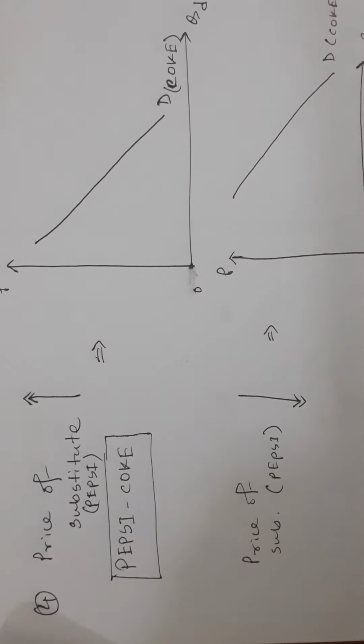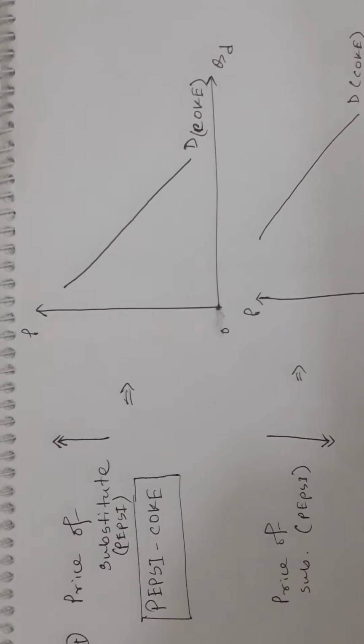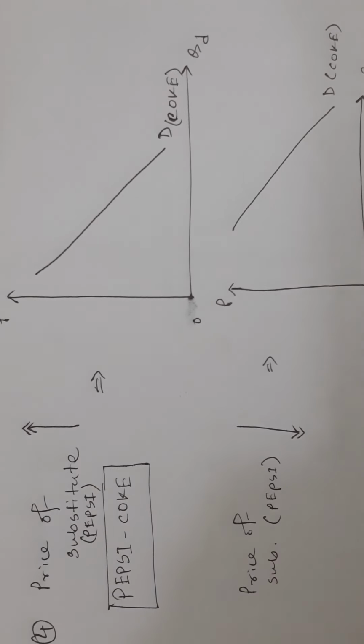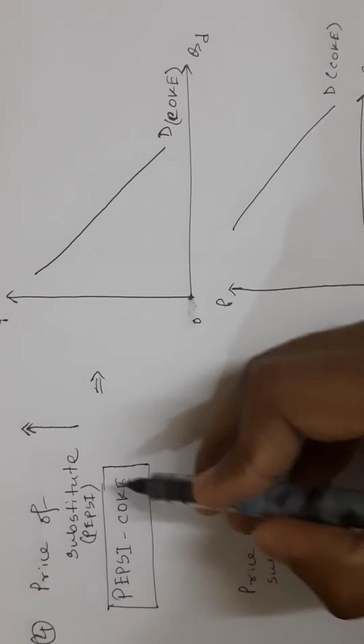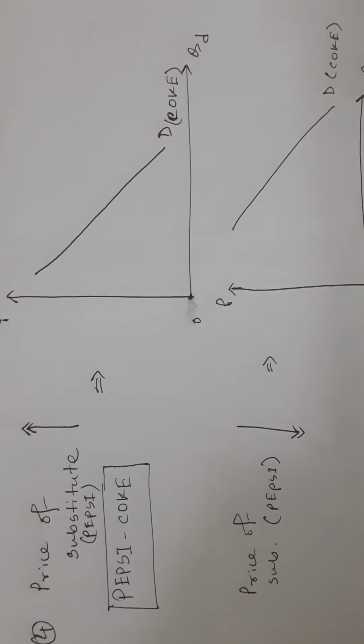So price of substitutes. If the price of a substitute item rises, what effect does it have on the demand for the other? For example, if the price of Pepsi rises, what happens to the demand for Coke?